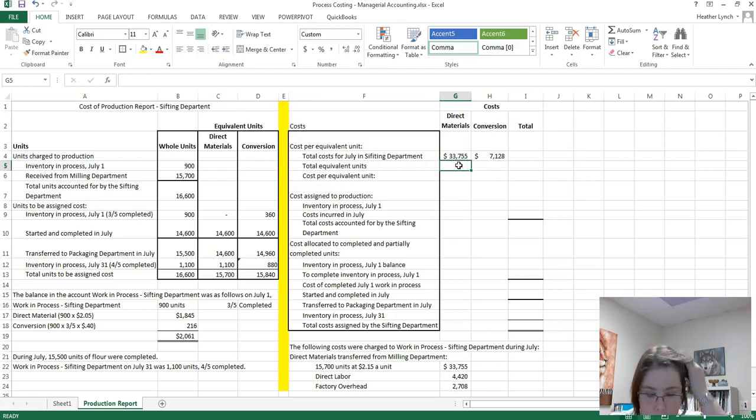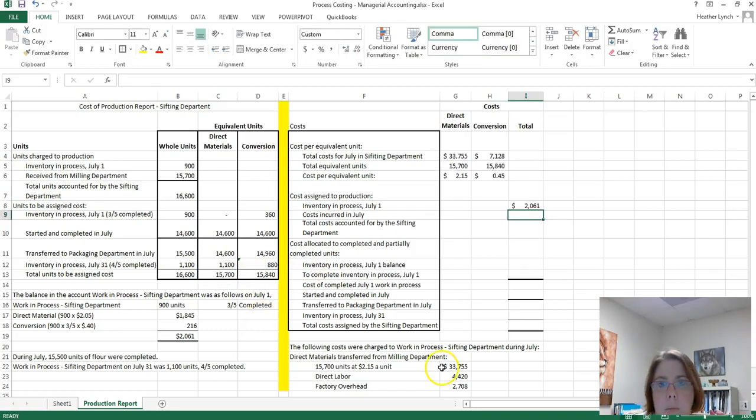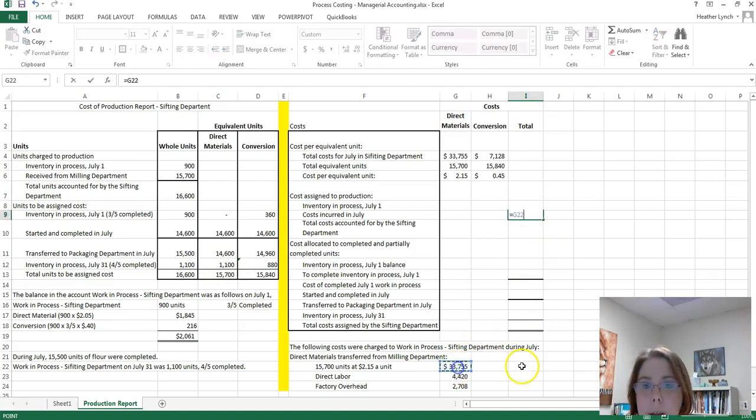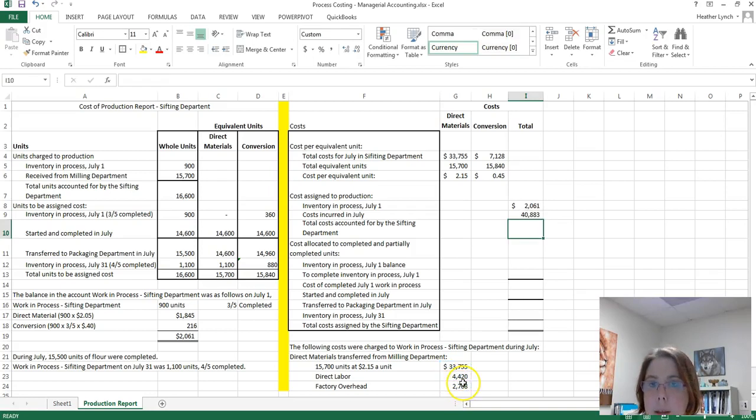So on here, we need to do our total equivalent units. So we have on here our total units to be assigned. Okay, so costs incurred in July, that's going to be the $33,755 plus the $4,420 plus the $2,708.